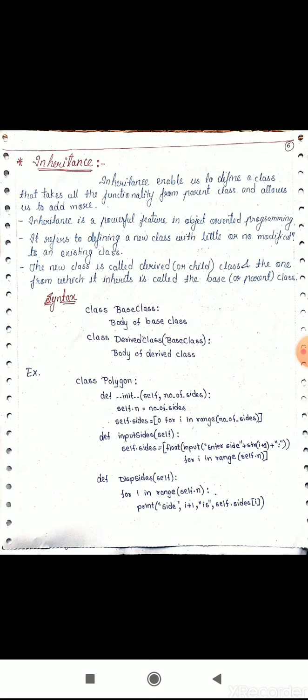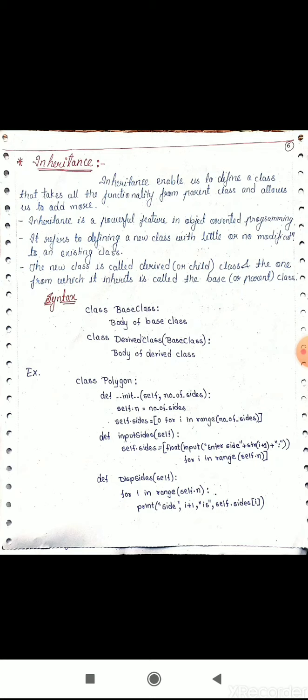The new class is called derived or even child class, and the one from which it inherits is called the base class or the parent class. So here I have discussed in terms of the old class and the new class. The old class is nothing but your parent class or the base class, and the new class which we have designed newly is nothing but your child class or the derived class.